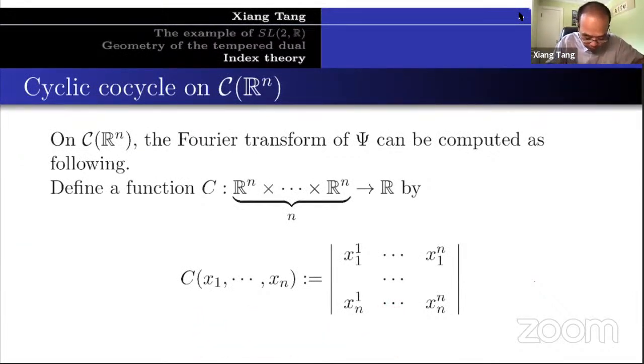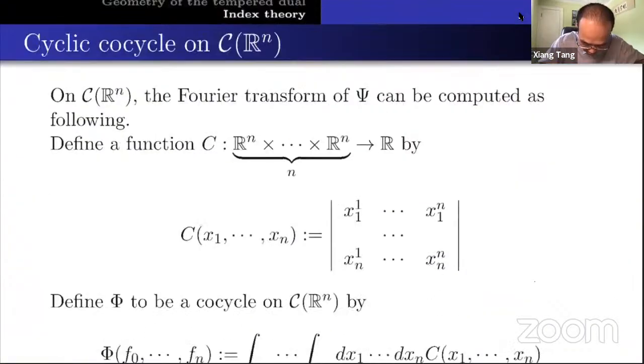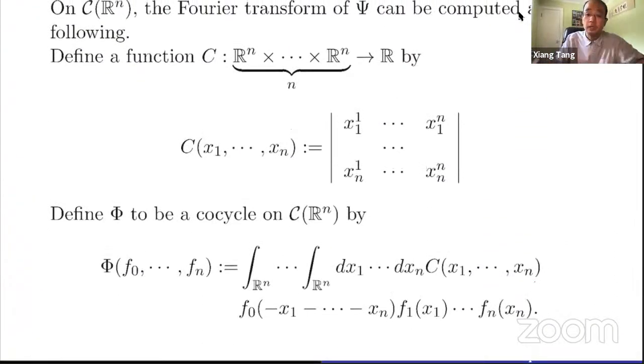Now we have to use this determinant function, which is written in the following form. We have the determinant function and then the convolution of our f's. So here, these are convolution algebras, convolutions on our group R^n. Before it was just pointwise multiplication.